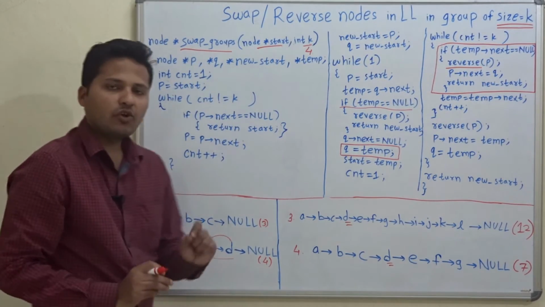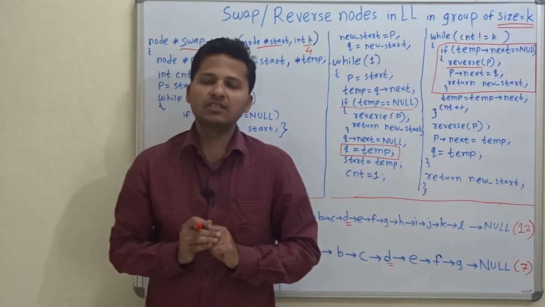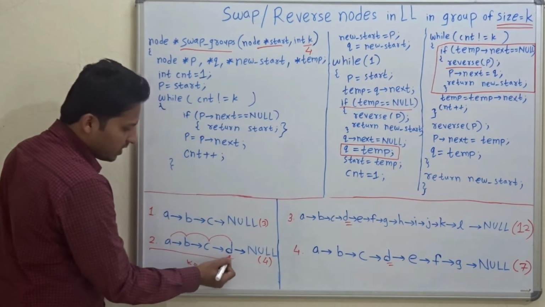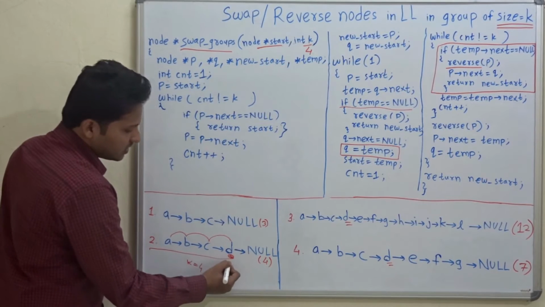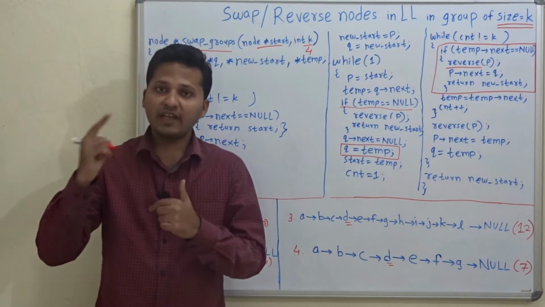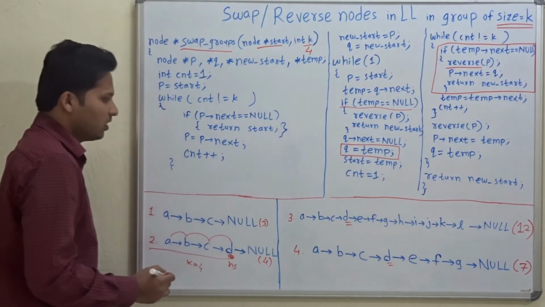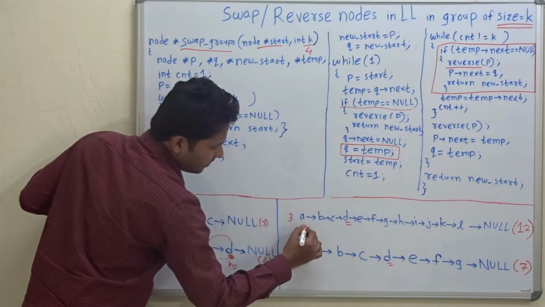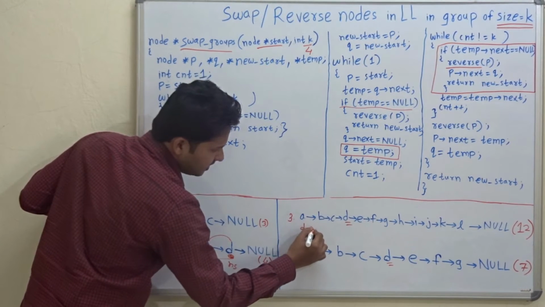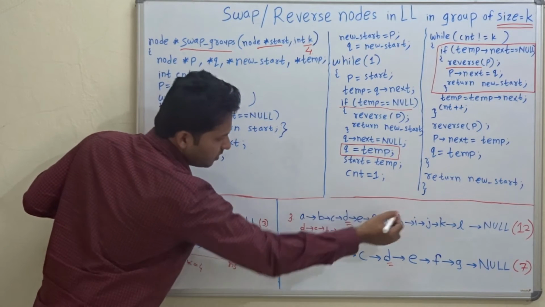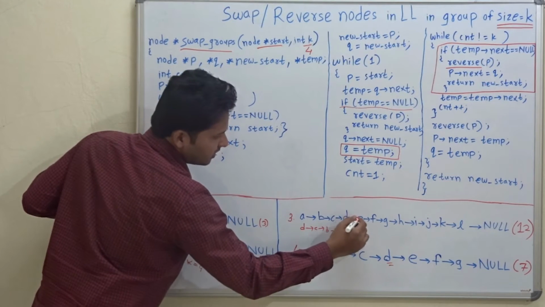The importance of the kth node is that the kth node in the original linked list is the starting node in the new linked list in our answer. In this case, the answer will begin with D, that is D, C, B, A, and then it will move on to other nodes.